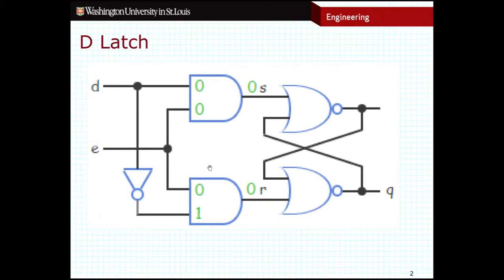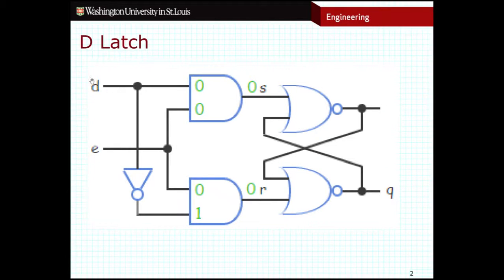So then what actually does happen? Well, if E is high and D is also high, this AND gate will be active. That means the set input will be high and the R input will be low, and the output of this circuit down here at Q will be high. It will be 1. We will set the SR latch.